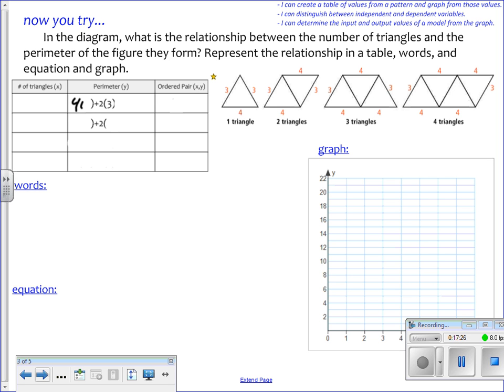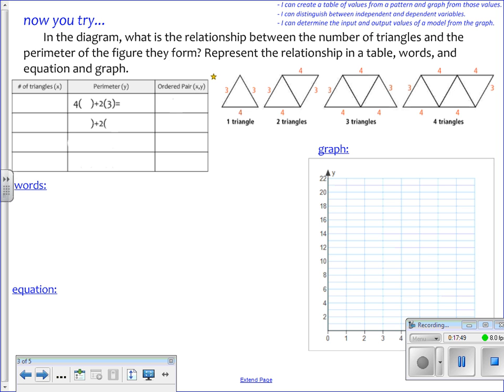I didn't want to do that. So I don't need to write it down because it's already up there. So your perimeter formula is 4 times the number of triangles plus 2 times 3.